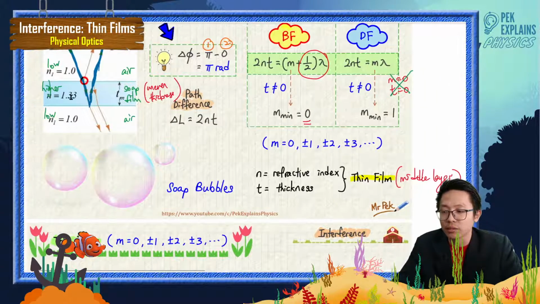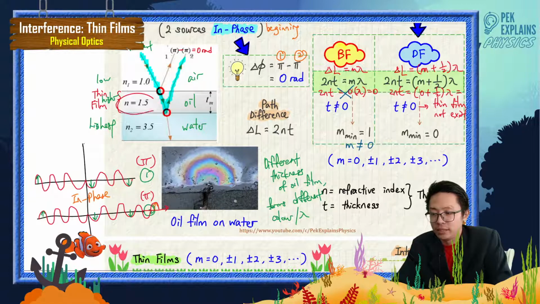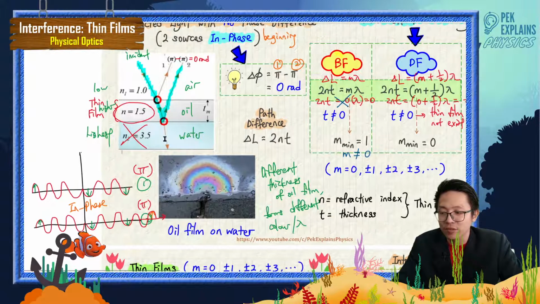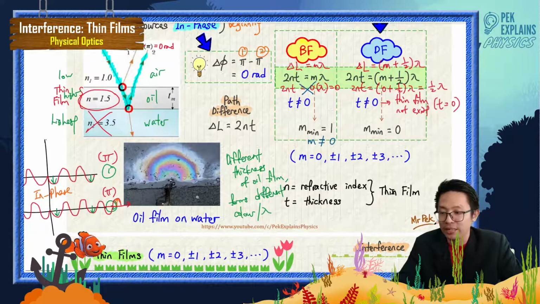The thickness also is the thickness of the soap film. Like in this example, take the oil. Don't take the refractive index of the water. Take the refractive index of the thin film, the middle layer. The thickness also is the thickness of the thin film. Don't take the water layer.